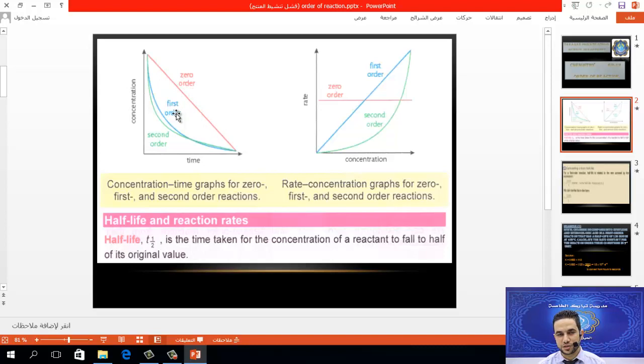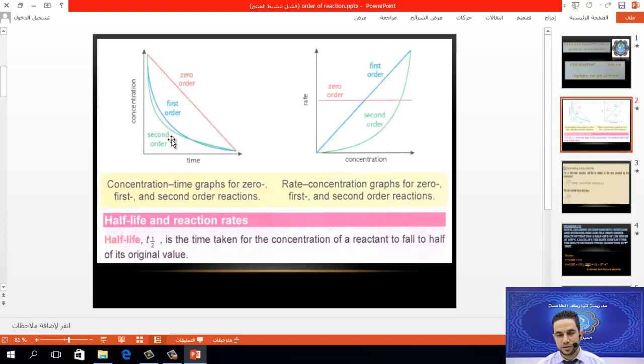But the first order, in blue, and the second order, in green, are both curves, but the difference between them is that the second order reaction is steeper than the first order reaction.